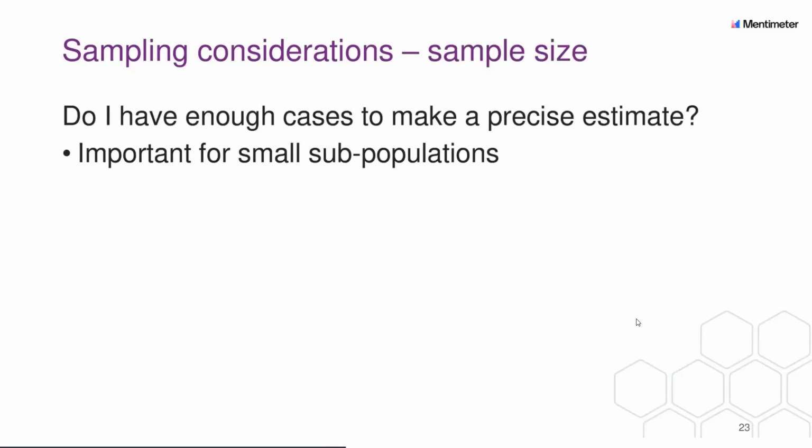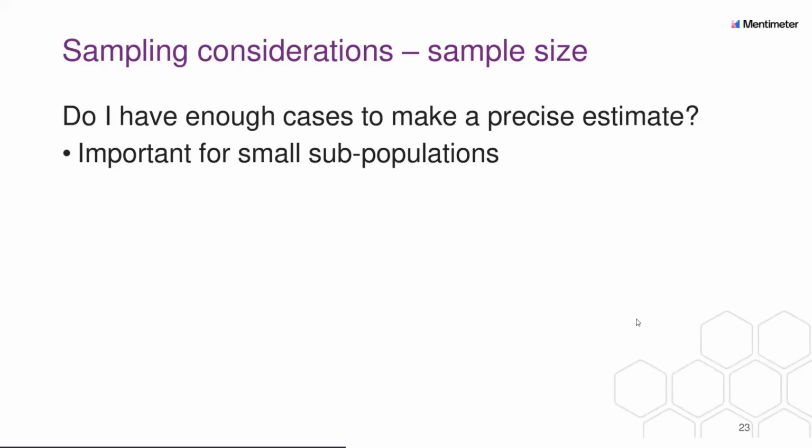And sample size: are there enough cases to make a precise estimate? One of my main areas of interest is race, and ethnicity is quite often challenging because particular small groups are not easy to get enough power to be able to make claims.